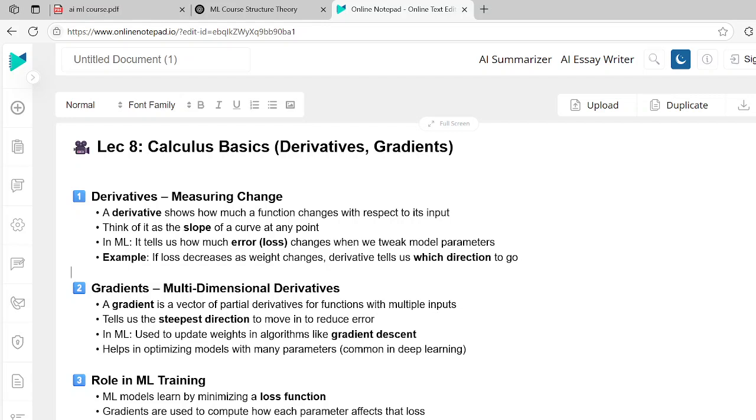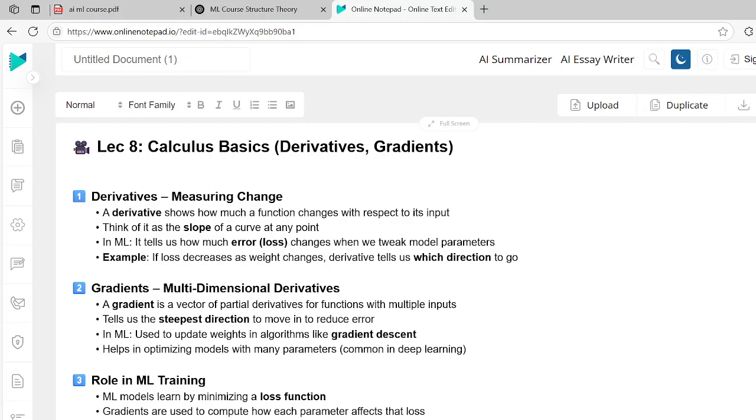Next we have gradients, multi-dimensional derivatives. A gradient is simply a vector of partial derivatives for functions that have multiple inputs, right? It tells us the steepest direction to move in to reduce error.